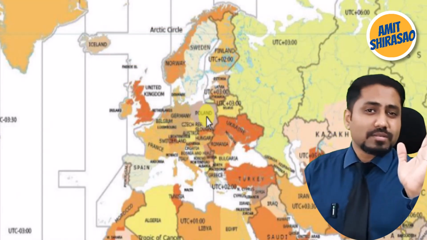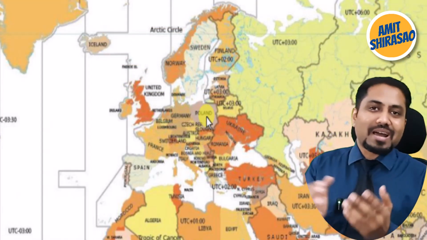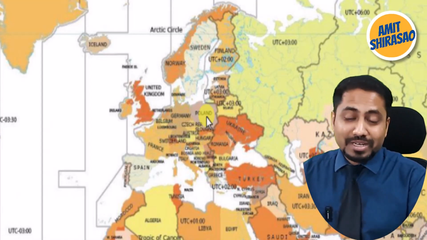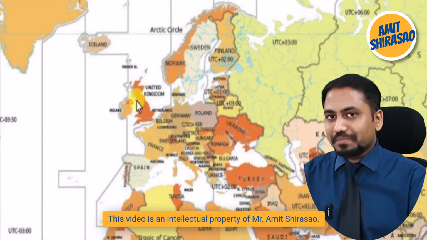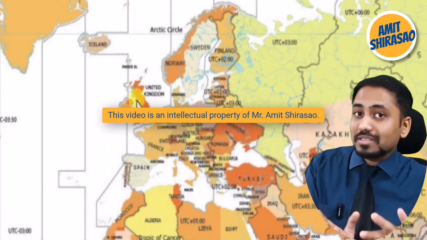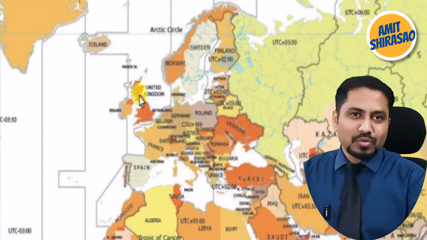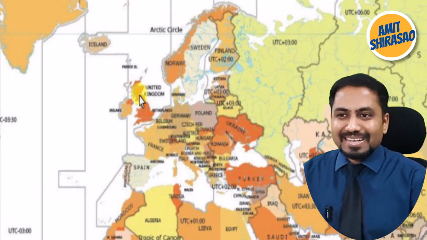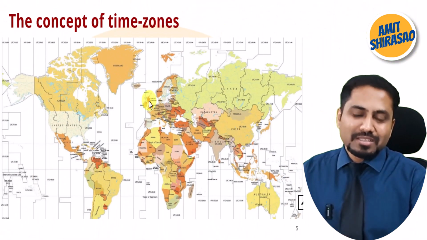This is all politics. The countries who are in favor of France will say, I'll follow your time zone, man, I'm your friend, that kind of thing. Spain, by the way, should be following the UK's time zone, but Spain follows France's time zone, and Poland probably follows the UK time zone. So it's all political. It is not at all scientific. That's what I really wanted to stress upon.